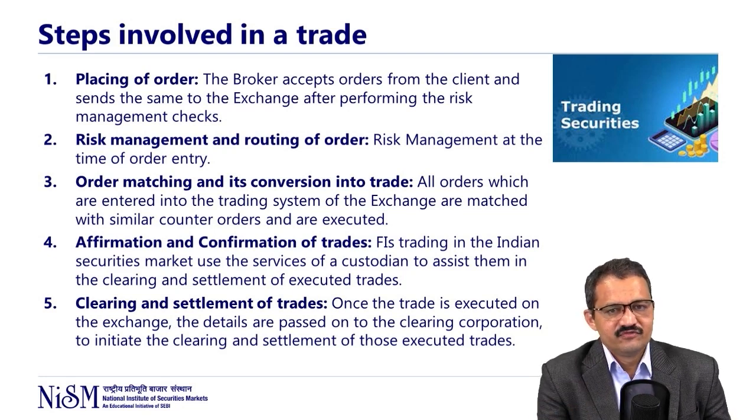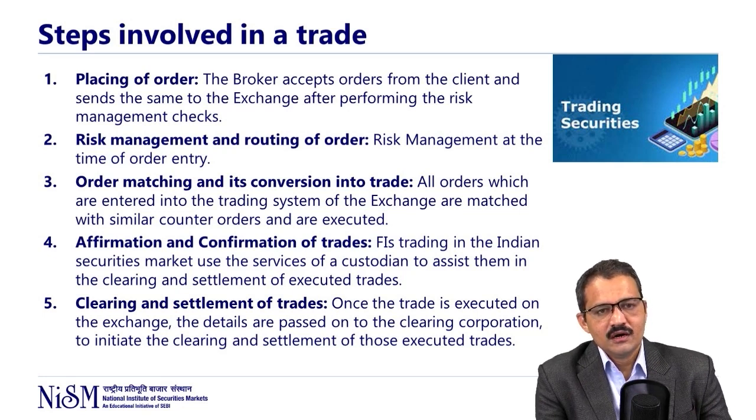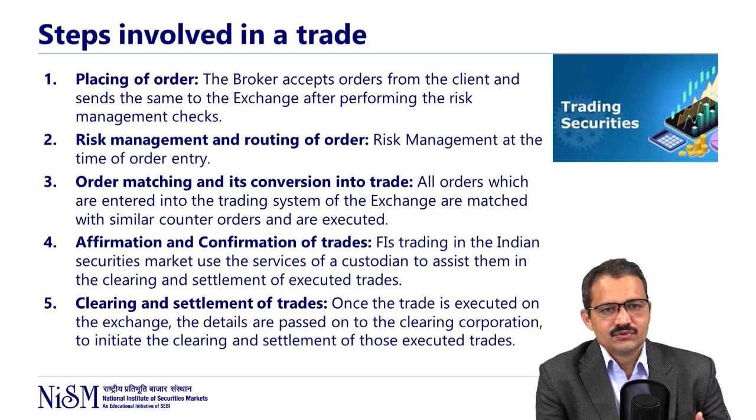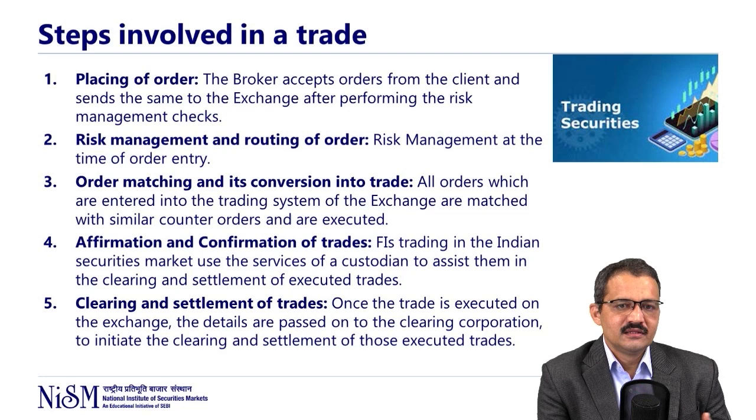And then there is a confirmation of trade for the institutional investor, whether it is a domestic institutional investor or a foreign portfolio investor. For them, there is this confirmation of trade, which is done by the custodian. Once this confirmation happens, there will be clearing and settlement of trades through the clearing corporation. So these are the major steps involved in the trade life cycle.